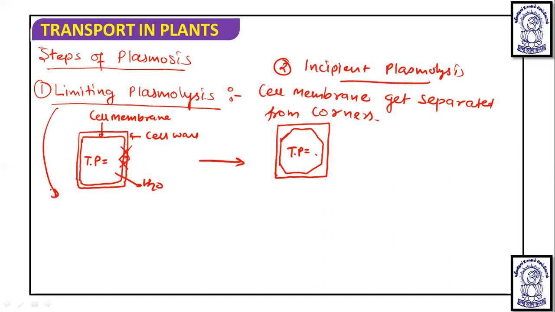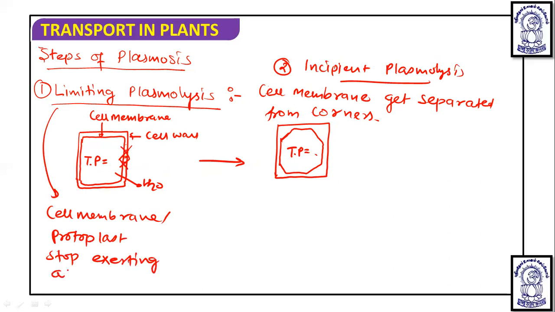So in limiting plasmolysis, the cell membrane or protoplast stops exerting pressure on the cell wall.